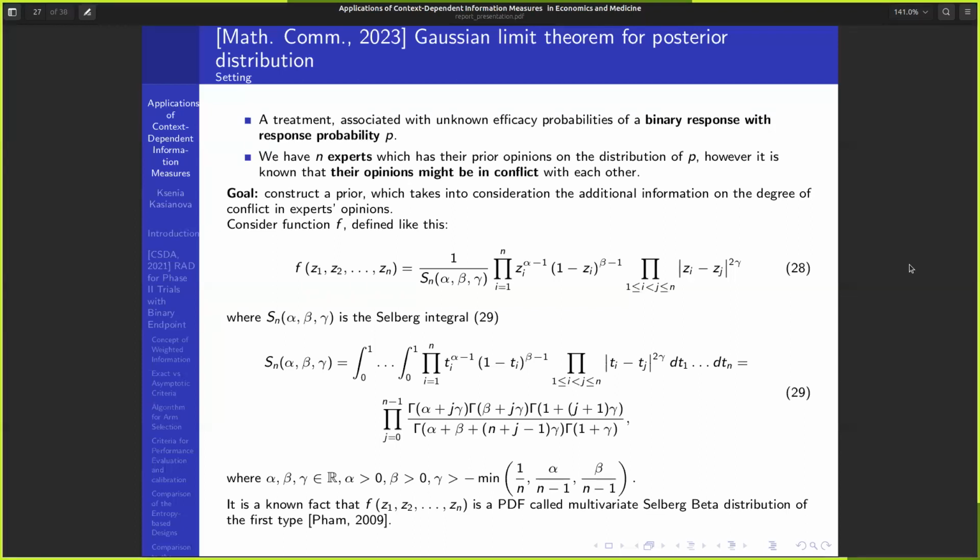And actually, f is a distribution function, and it's also known as a multivariate Kullback beta distribution.